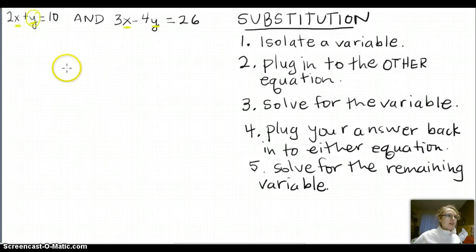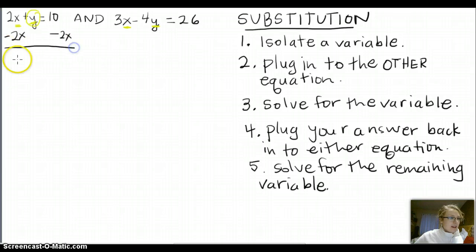Because, as you can see, all I have to do is subtract 2x on both sides, and y will be isolated. Subtract 2x, and I subtract 2x, and I get that y is equal to 10 minus 2x. Good. Step 1 is complete.